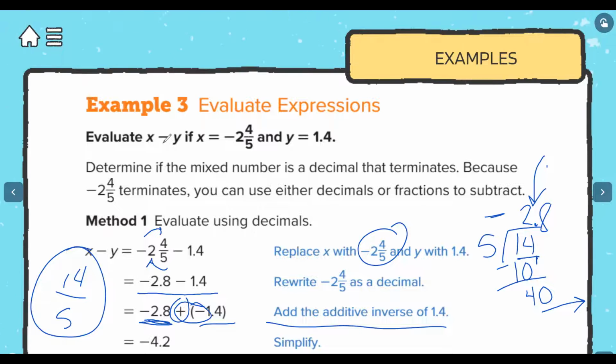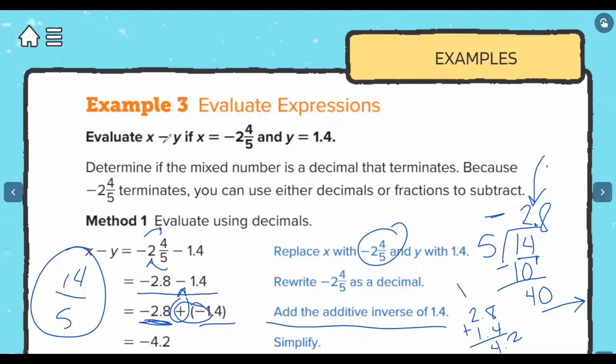If you see here, this is going to turn into a negative number. And when I have 2 negatives, I need to add them up. So I'm going to add 2.8 plus 1.4. 4 and 8 is 12. We have 1, and this will be 4.2. Since both of them are negative, my answer would also be negative. So right here, I have the answer.